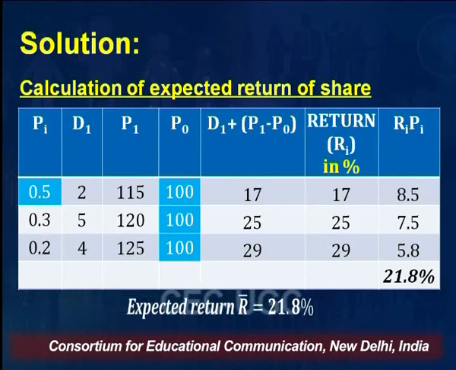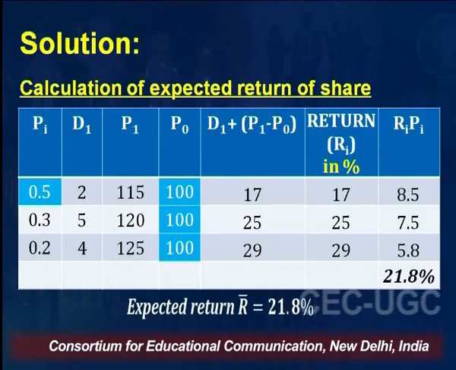So with these expected returns and the assigned probabilities, you multiply Ri with Pi, right? So 17 multiplied by 0.5, 25 multiplied by 0.3, and 29 multiplied by 0.2. That comes to 8.5, 7.5, 5.8, right?